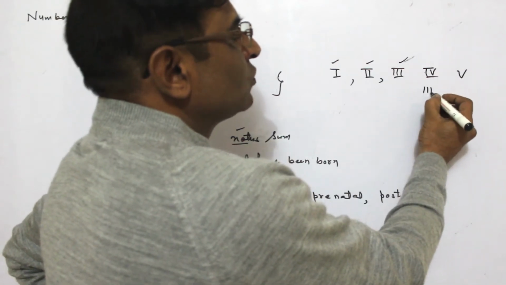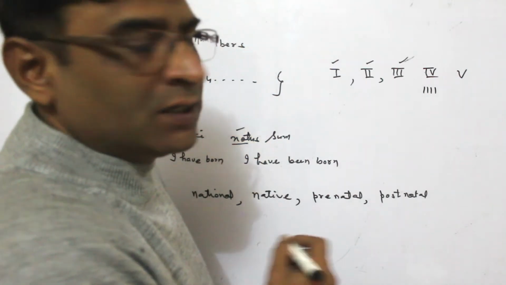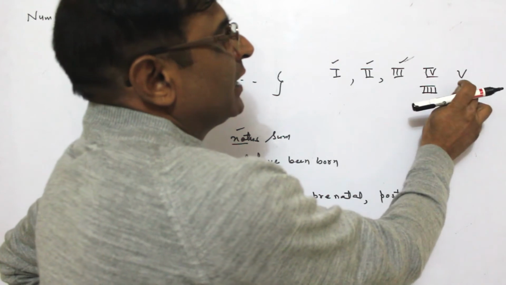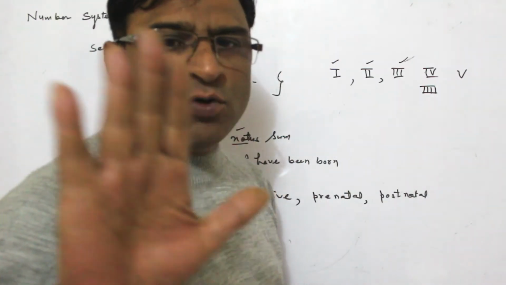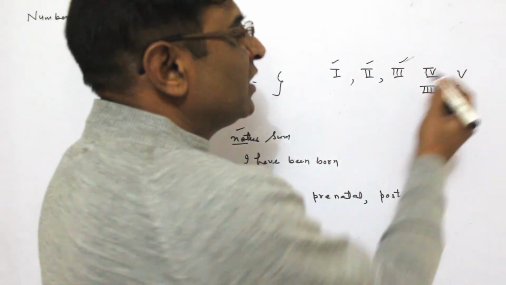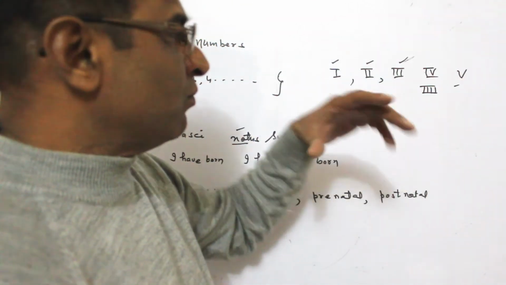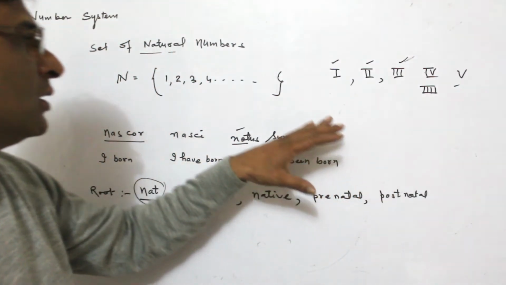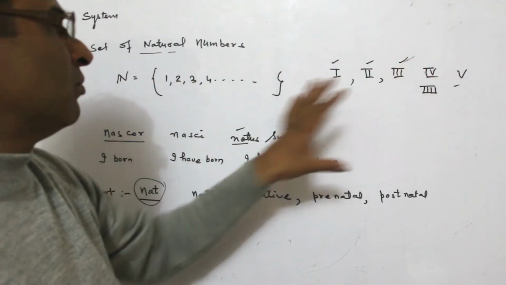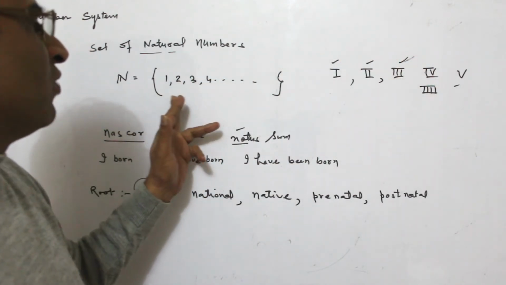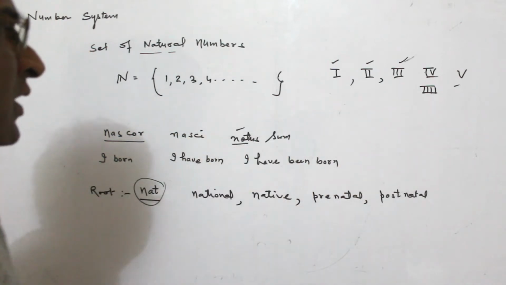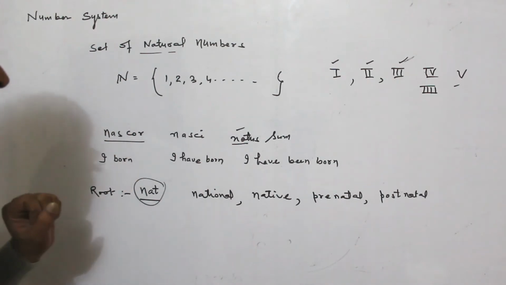In ancient times the symbol used for 5 was the shape of the hand, like a V. Fingers are born with human birth, that's why they call them natural numbers. Natural numbers start from 1 and keep going up to infinity.